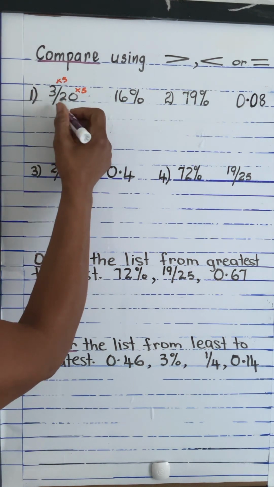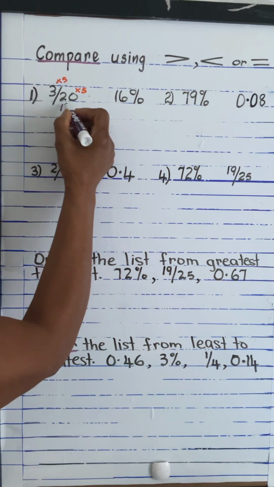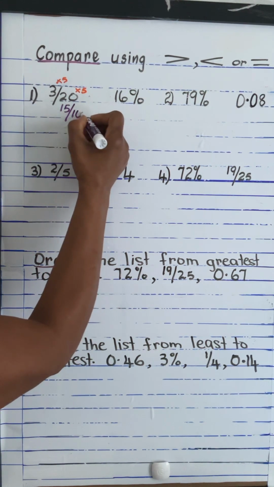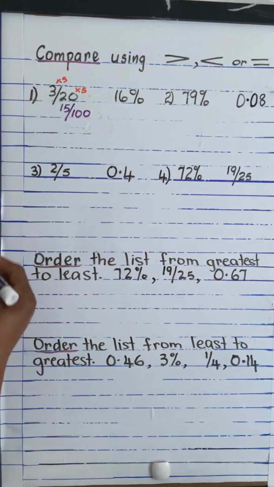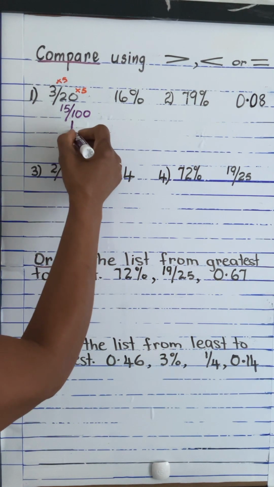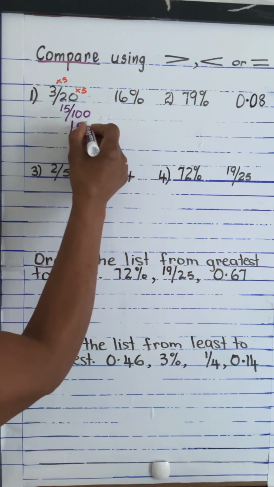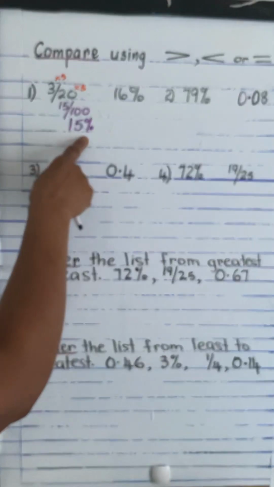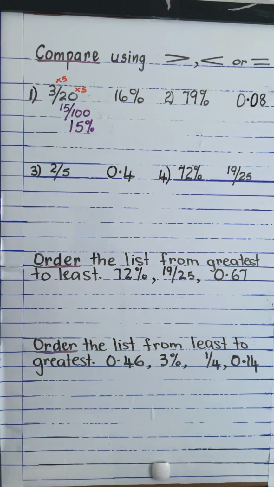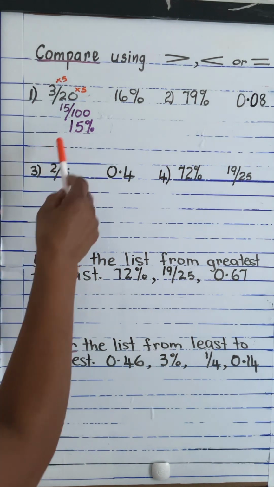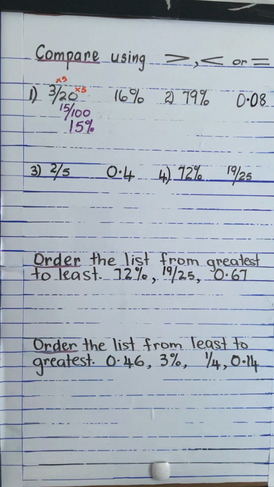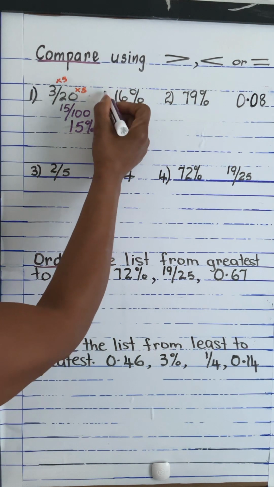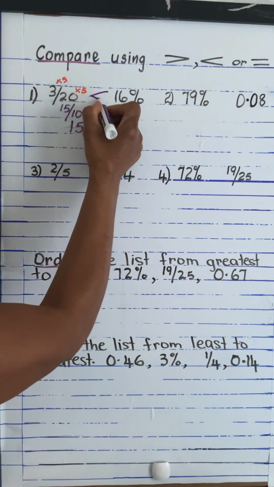That would give us 15 over 100, and 15 over 100 is 15%. So here we have 15% and 16%, and we know that 15% is less than 16%. So we are going to put our less than symbol right here.